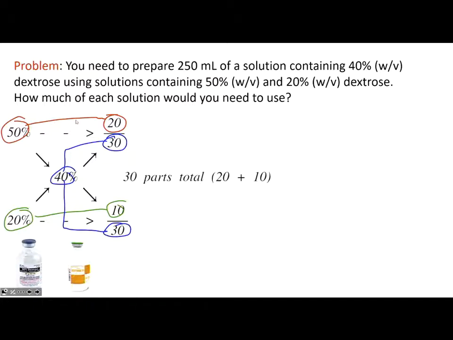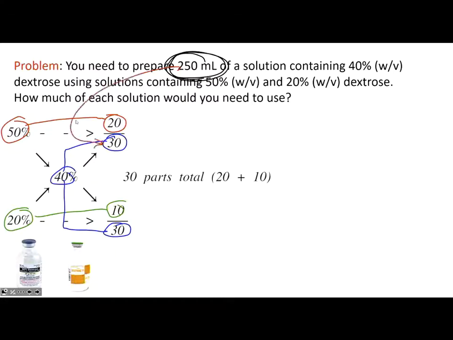So my question to you now is, what does the 250 represent? Because that's the only other number I need to be able to solve this. It says you need to prepare 250 mils of a solution that contains 40%. So isn't that the volume of the final product? The total amount. And that total amount is equal to the 30 units.